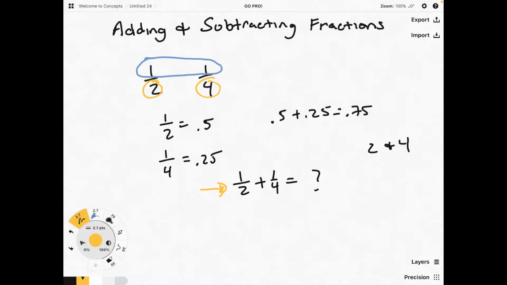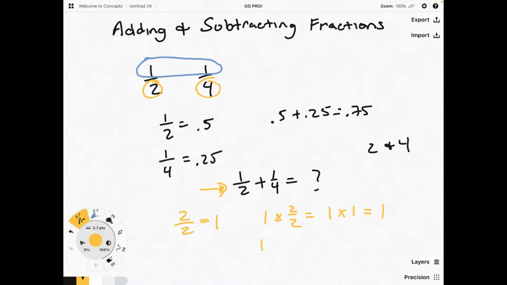So what do I mean by that? Well, if we take 2 divided by 2, we're going to equal 1. Now, if I multiply 1 times 2 over 2, that's really equal to 1 times 1, which is equal to 1. So we didn't change anything.